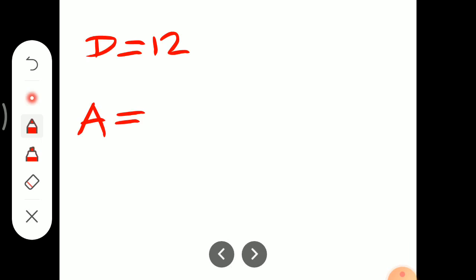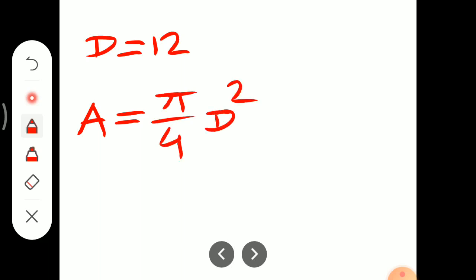The first step is the original area of the rod. We have the diameter of the rod as 12 mm, and we can find the area using the formula pi by 4 d square.